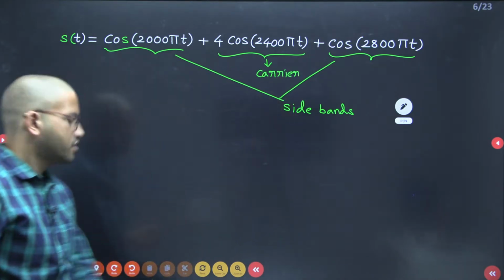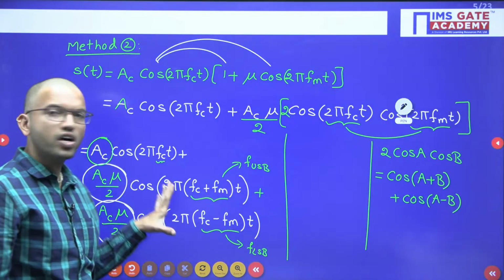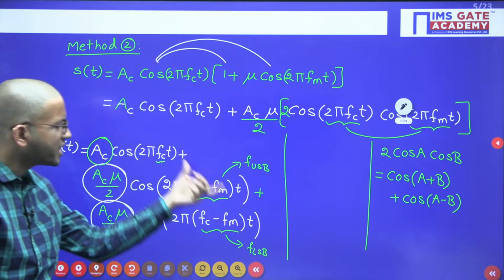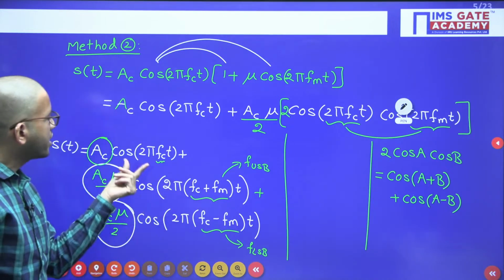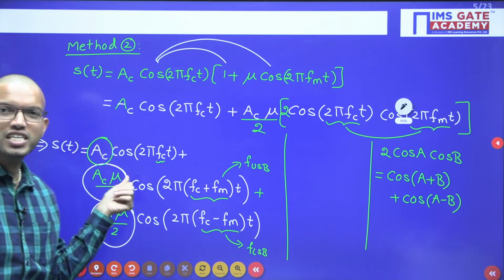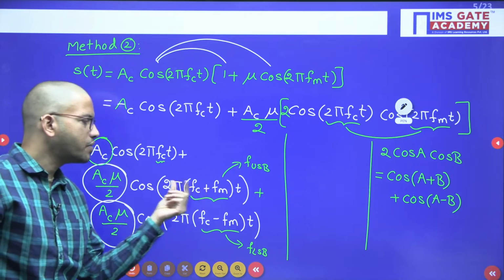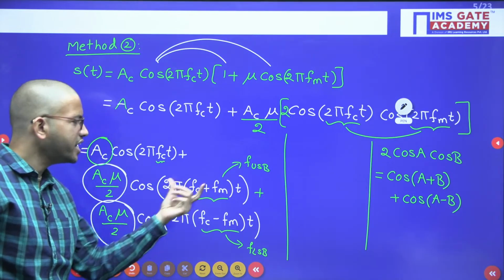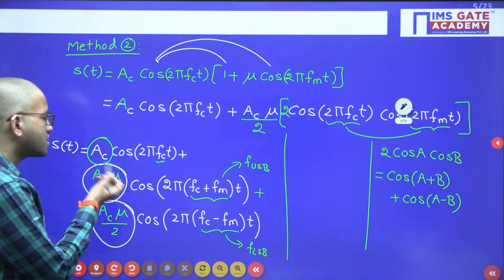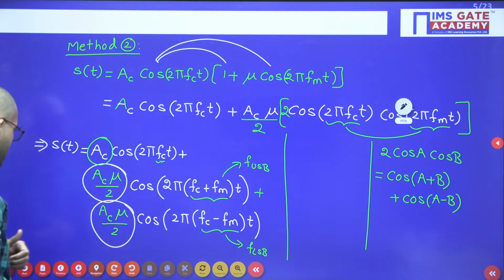Now just observe the standard equation. You have to remember, no need to memorize the entire equation. Simple. Regarding the carrier signal, obviously you will be having the carrier amplitude as AC. Regarding the upper sideband or lower sideband, with the help of either term, the same amplitude you will be having, that is nothing but AC mu by 2.